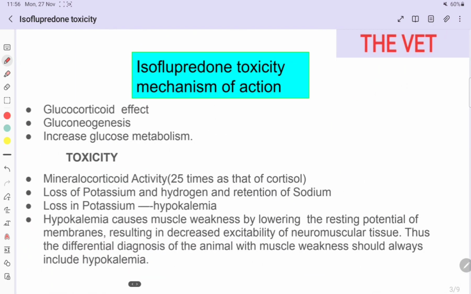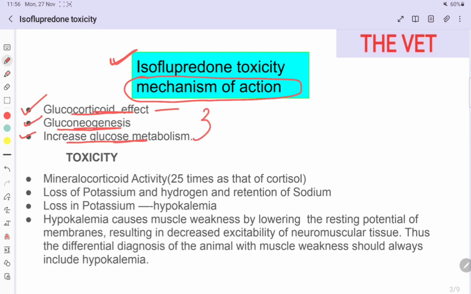Now here we will learn the mechanism of action of isoflupredone toxicity. Isoflupredone has glucocorticoid effect, it causes increase in glucose concentration, gluconeogenesis, and increased glucose metabolism, but toxicity is not because of the glucocorticoid effect. Toxicity of isoflupredone is because of the mineralocorticoid effect.